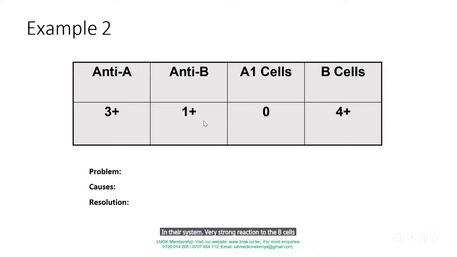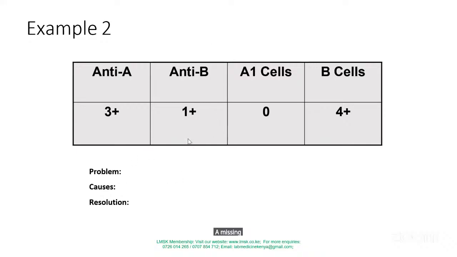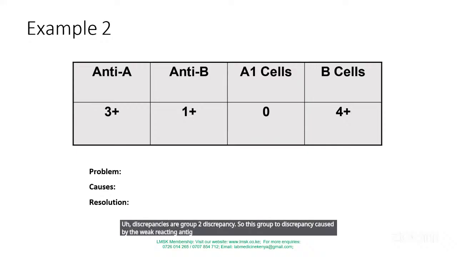So we are asking ourselves, the problem here is a missing or weak antigen, so it is a weak reacting antigen. This weak reacting antigen could be due to the acquired B, because it is the weak reacting antigen that is causing this particular discrepancy. It is a group 2 discrepancy. So this group 2 discrepancy is caused by the weak reacting antigen, in this case acquired B.